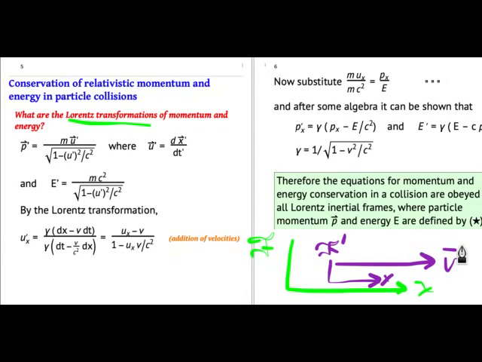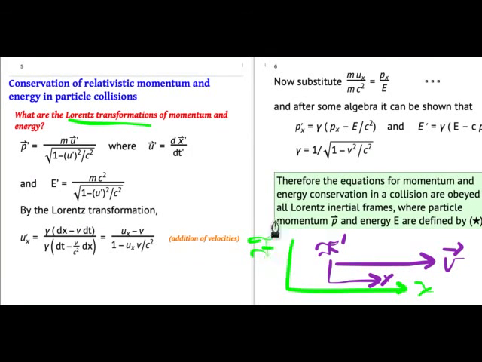So you might think of this as the way Einstein would say it. F is the frame of reference of the Earth, and F prime is the frame of reference of a train moving along a track at some velocity v.